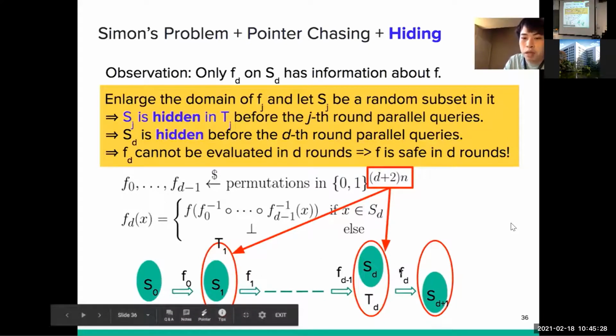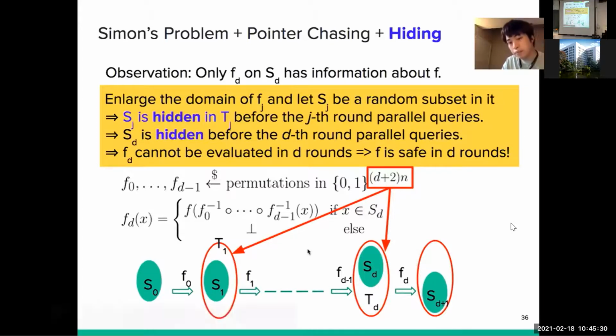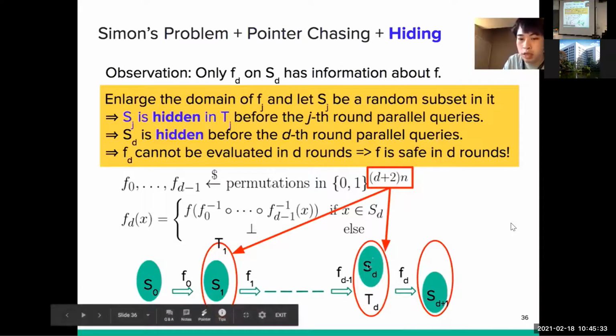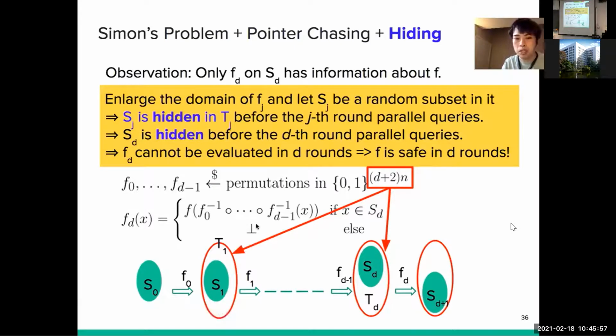For fd, if the input is in Sd, so Sd are like the true domain. Like here we have f0, and f0 will map S0 to S1 in the larger domain T1, right? So we have hidden sub-domains in the larger domain, and if the input of fd is in Sd, we map it to f of x. But if the input is not in Sd, we just map it to bottom. Bottom is some symbol that implies no information.